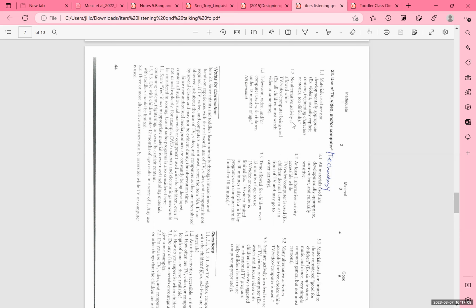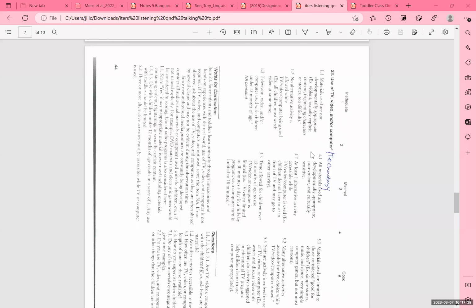No alternative activity is allowed while TV, video, or computer is being used or watched. The answer should be no, because if children are using technology, there should be alternate materials and activities for them to engage in.